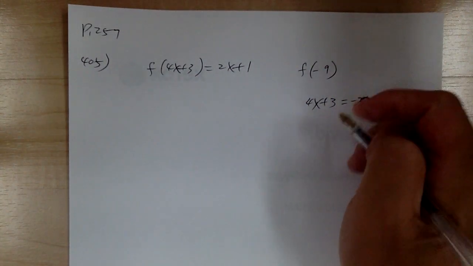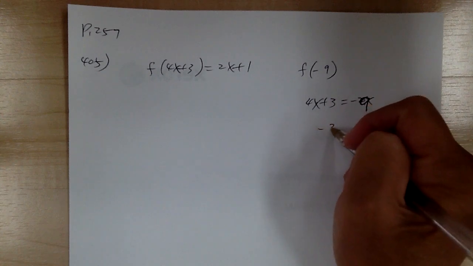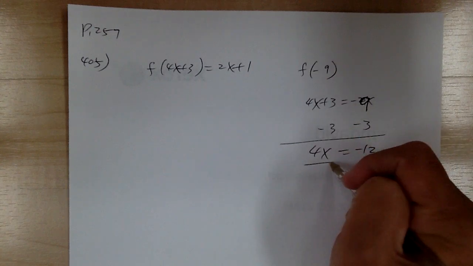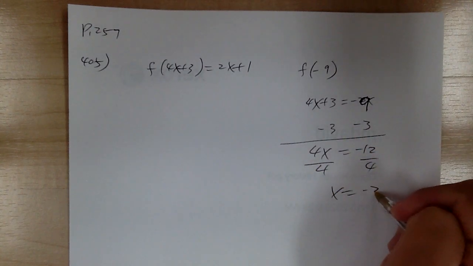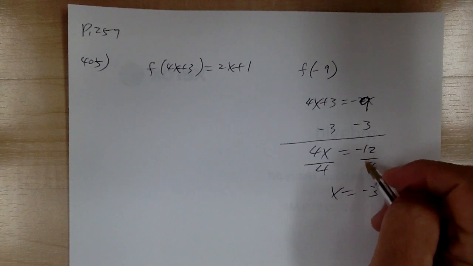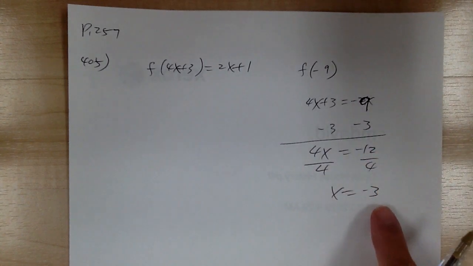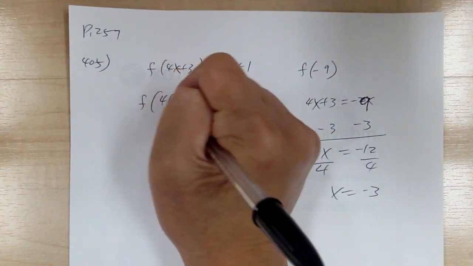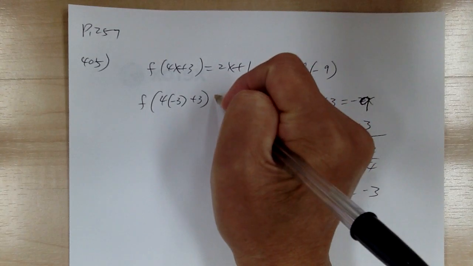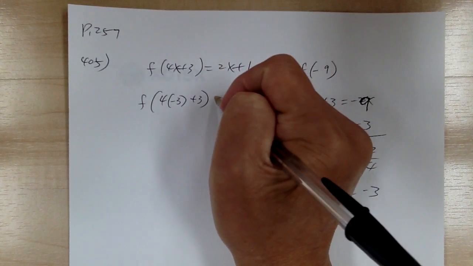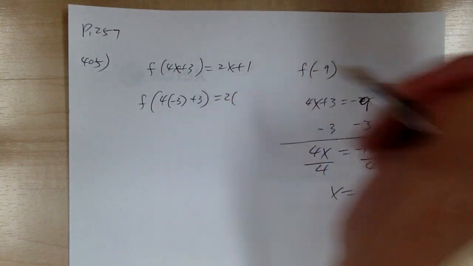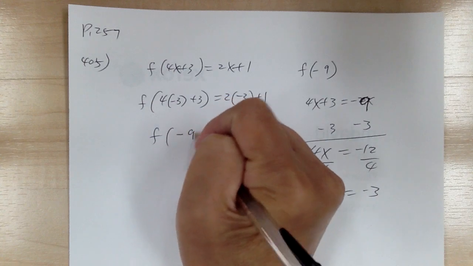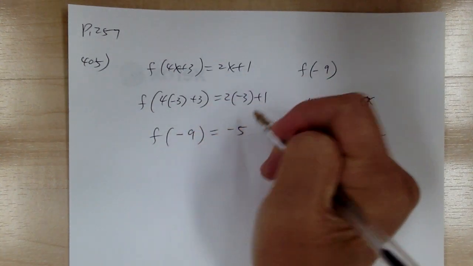From here, you need to subtract 3 on each side. So 4x equals negative 12, and divide by 4, so x equals negative 3. So you set x equal to negative 3 in 2x plus 1, and so f of negative 9 will equal negative 5.